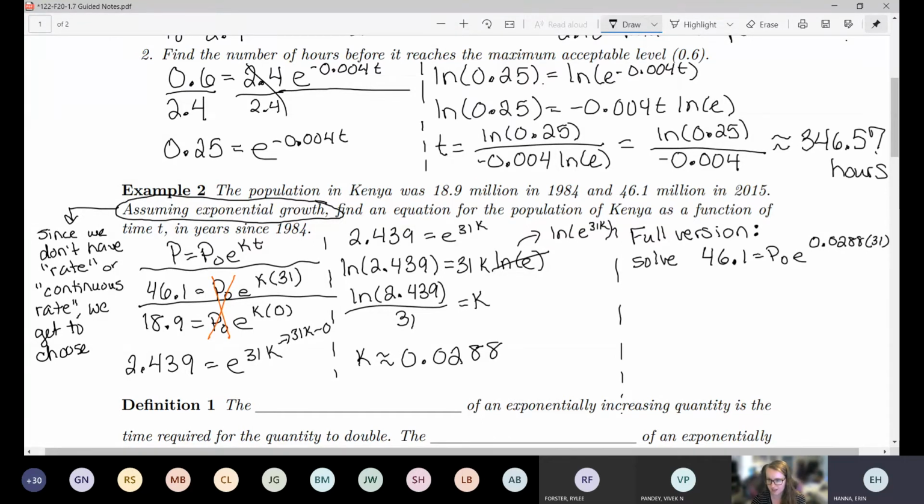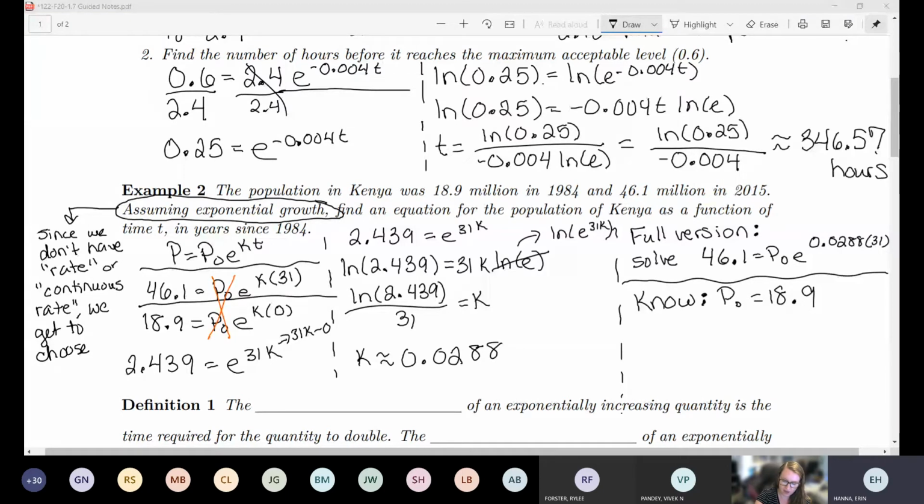You would just have to type in that e to the blah thing and divide the 46.1 by it. But we know P naught here, so let's just use the P naught that we're given. Because remember, P naught is the starting value, and we know that we started with 18.9 million, so we know that P naught is 18.9, so let's just use it.